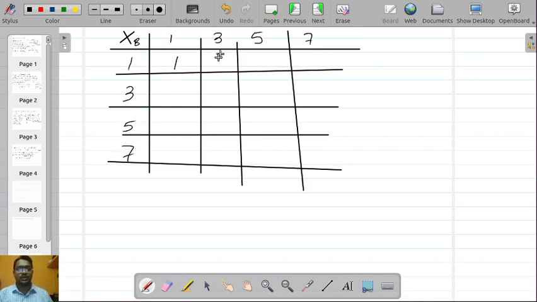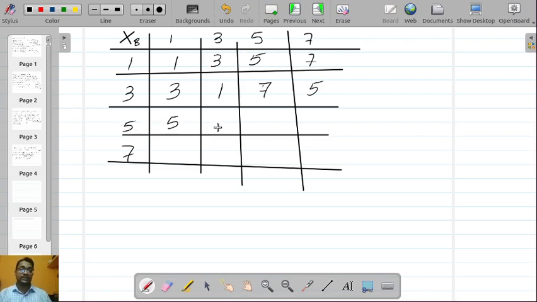So 1 into 1 is 1, 1 into 3 is 3, but remember we have to take modulo 8, meaning after multiplying we divide the number by 8 and take the remainder. 1 into 5 is 5, 1 into 7 is 7. 3 into 1 is 3. 3 into 3 is 9, but the remainder will be 1. 3 into 5 is 15, the remainder will be 7. 3 into 7 is 21, divided by 8 the remainder will be 5. Then 5 into 1 is 5, remainder is also 5.